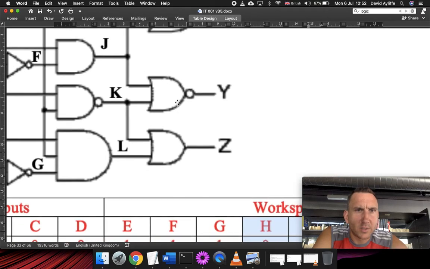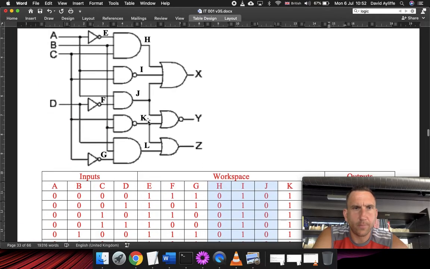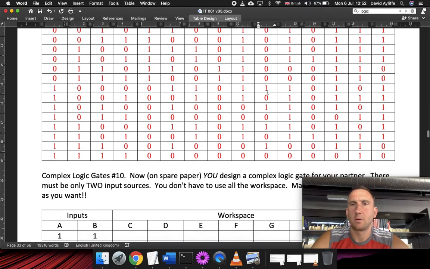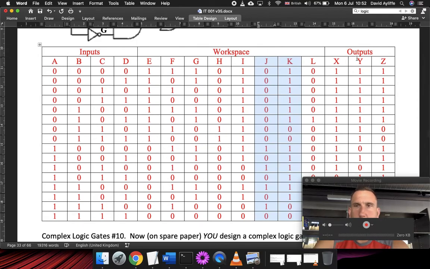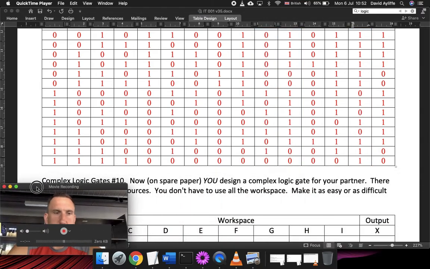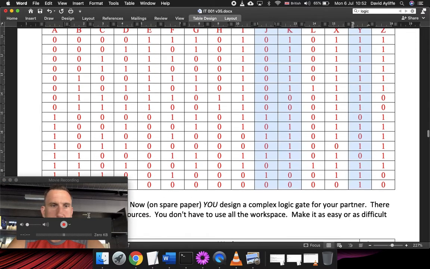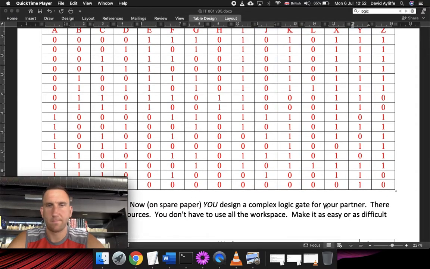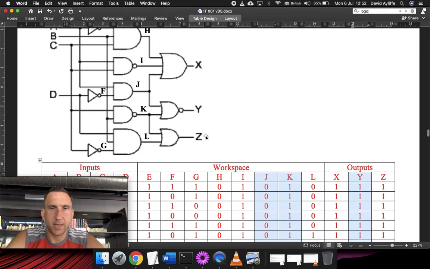Y is, what is that? That's a NOR gate. So NOR, J and K. Okay, so this is a NOR gate.